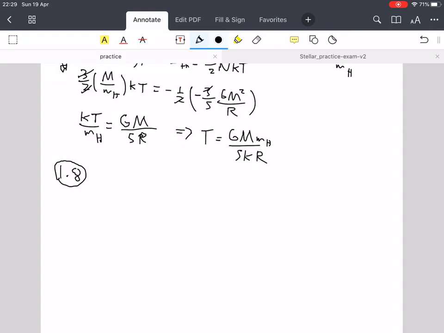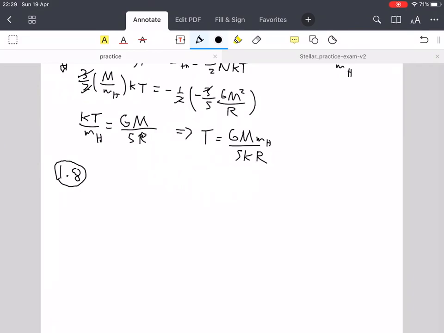In 1.8, we are already given the formula that we're going to plug into, which is above from 1.7, the formula for the temperature. And here it's just a case of plugging in numbers.